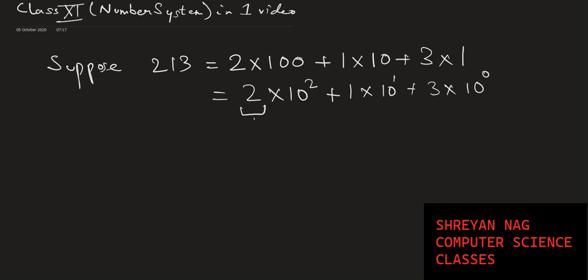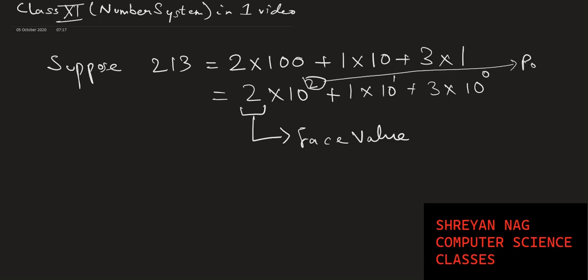So this is the face value and this is the position value. A number contains two parts: one is the face value and the other is the position value. The face value says what the number is at that current position, and the position value defines where the number is sitting.